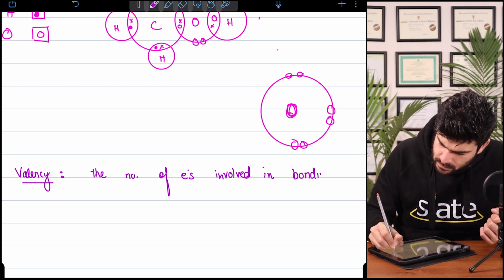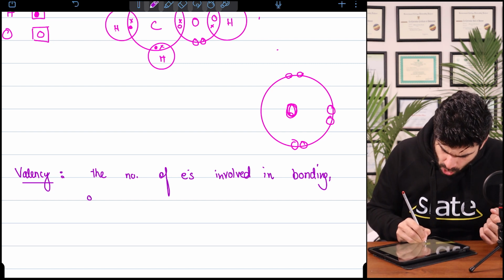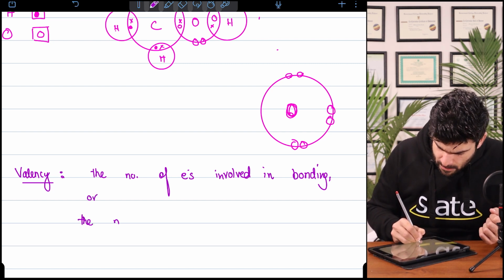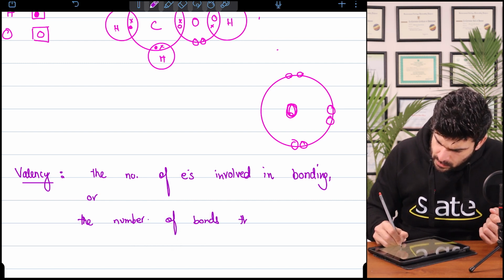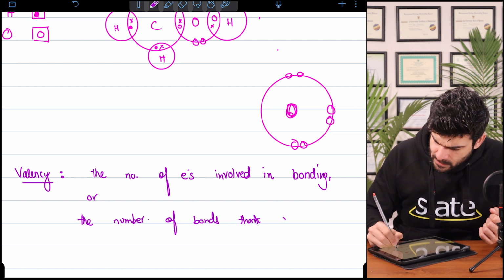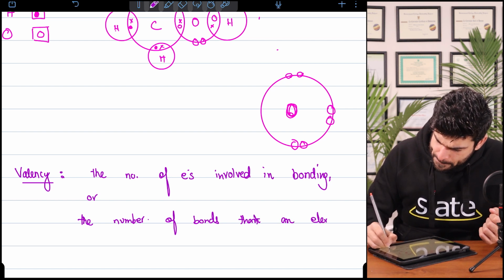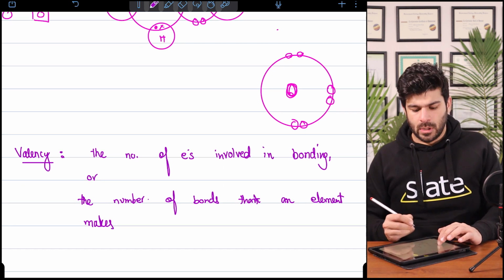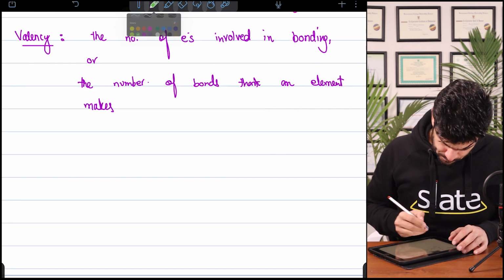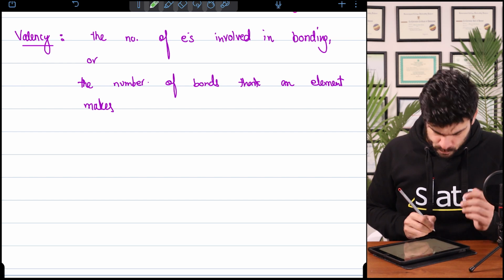Or you can say, the number of bonds that an element makes. So let's look at the group numbers. Let's talk about period 2.